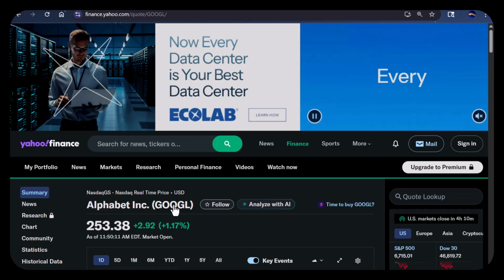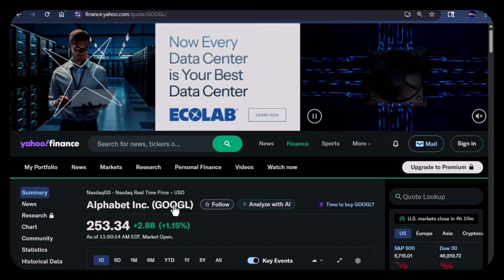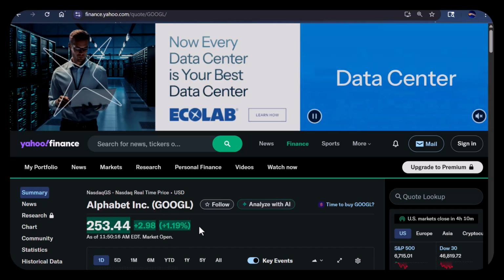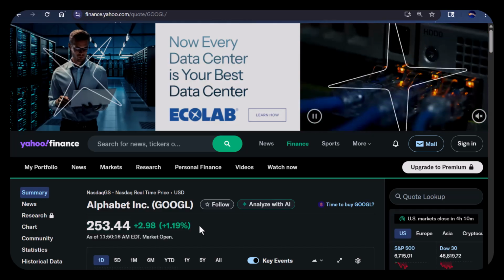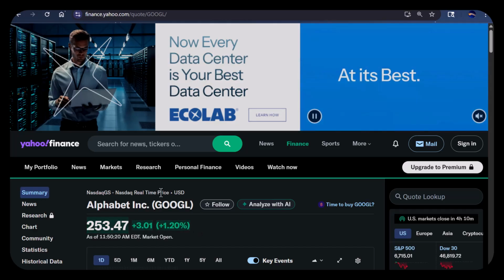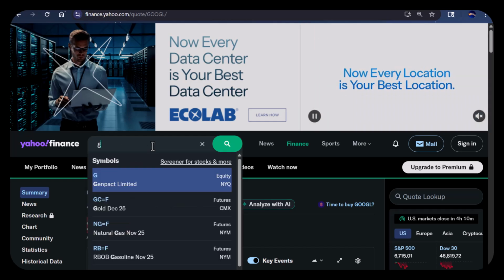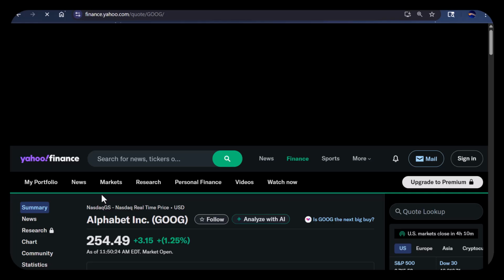I'm going to use the one with voting rights. Other than that, rights to the cash flow are exactly the same. All right, 254.50.